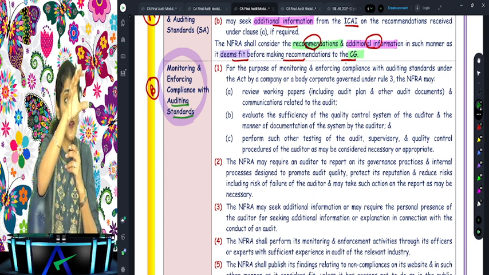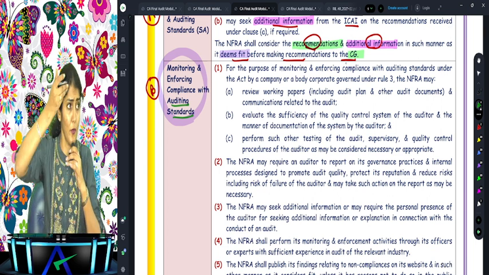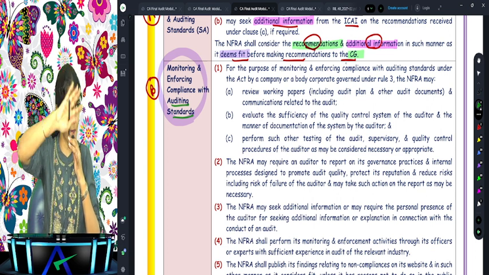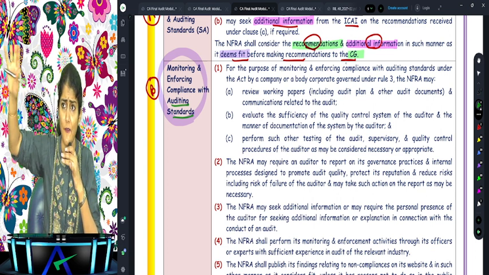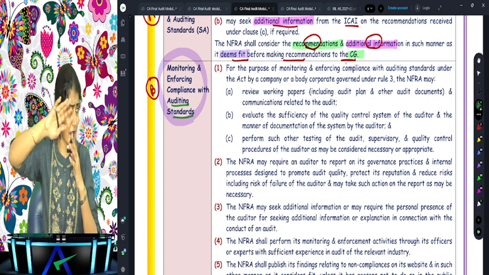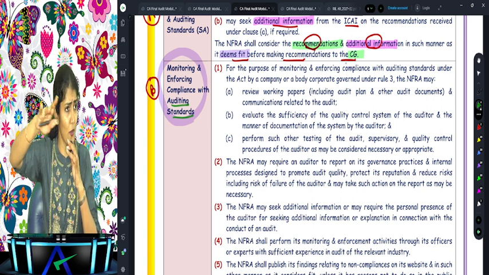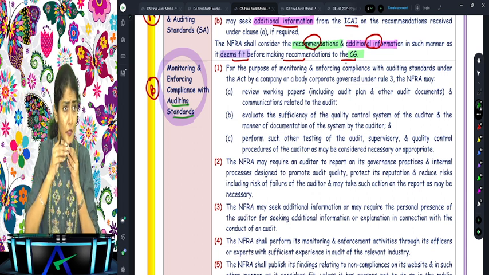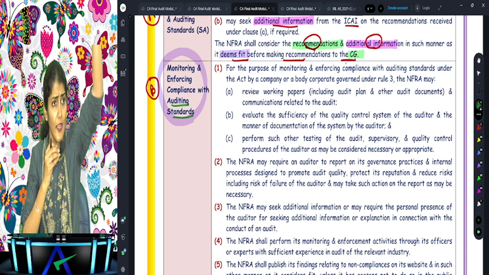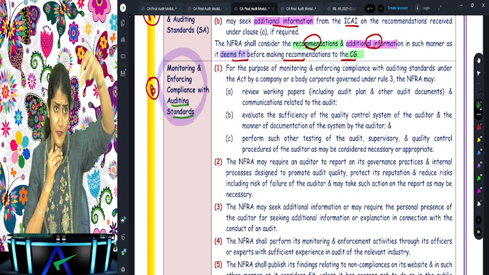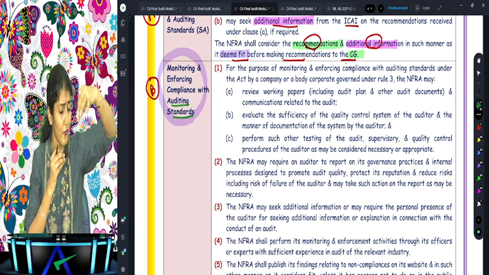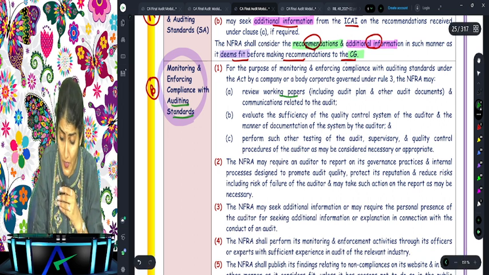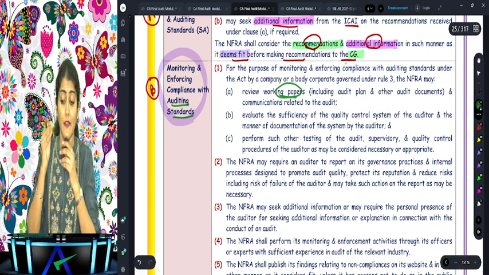Right? So now they will pick up any CA firm which is doing the audits of any of the 5 entities: listed company, unlisted 500, insurance, banking, electricity supply company, or central government in public interest, or 20% of consolidated income or net worth. They will pick up the auditors of any of these entities, and they will review the working papers which have been prepared by these auditors.